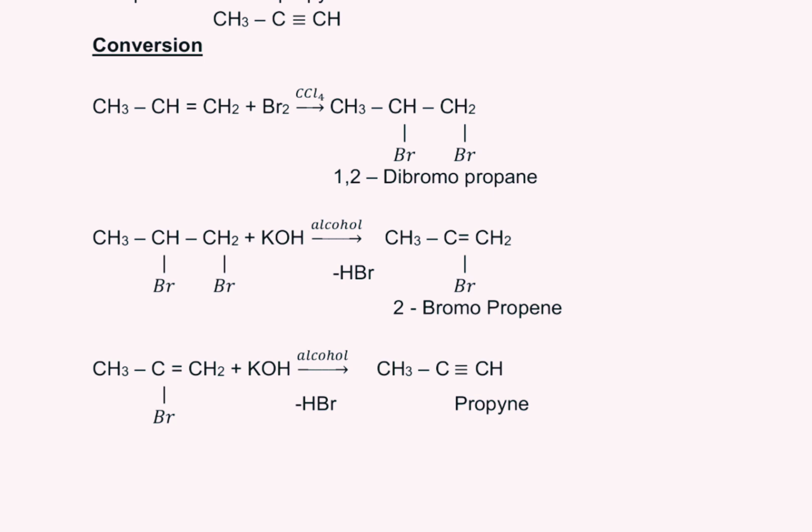In the next phase we remove the second bromine, and it converts into propyne. So across the bond HBr will be removed, one hydrogen from here, and on the other carbon the bromine will be removed. So hydrogen bromide will be removed from the system, and that will produce a triple bond in your system.